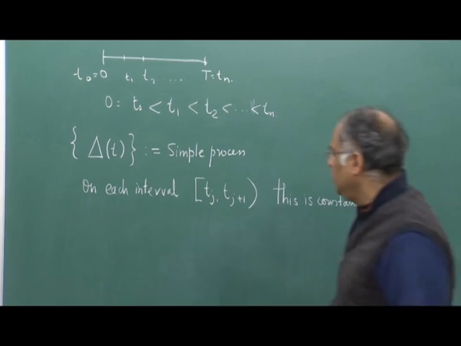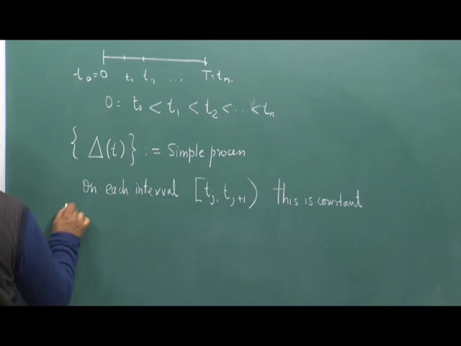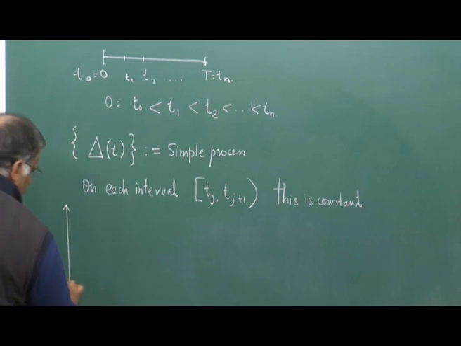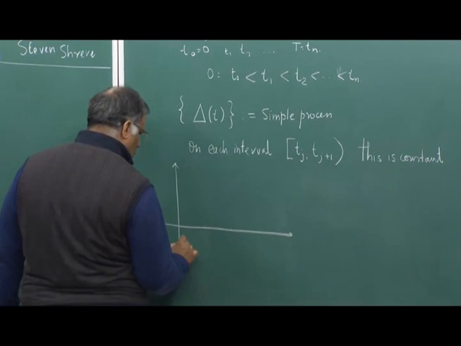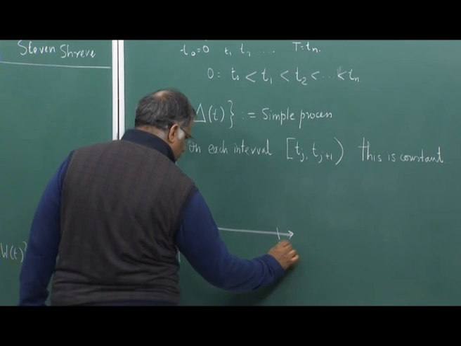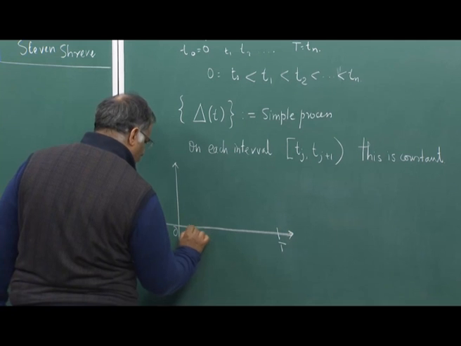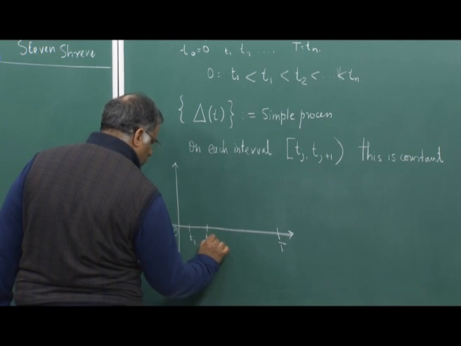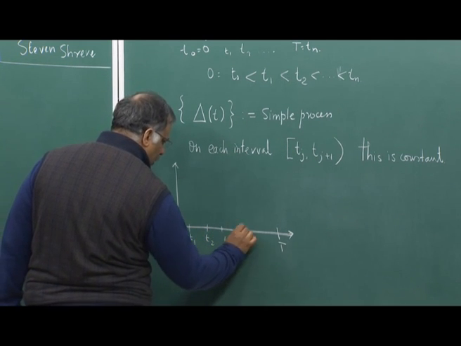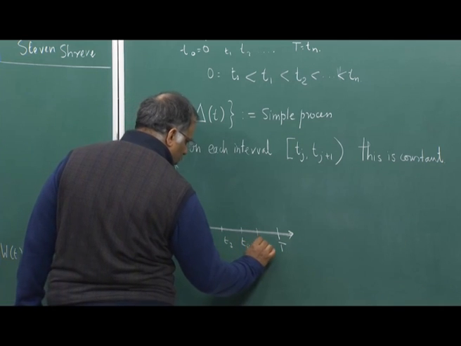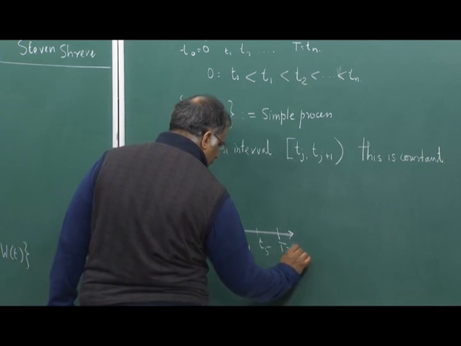So, basically you are looking at a function of this form. Here is your 0 to t, here is t1, here is t2, here is t3, say I will just do 5, t4, t5 and this is t6.